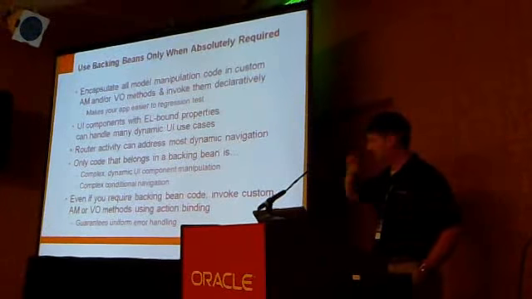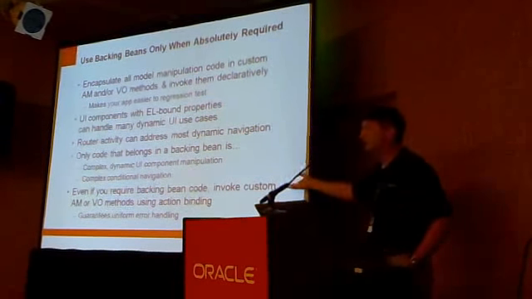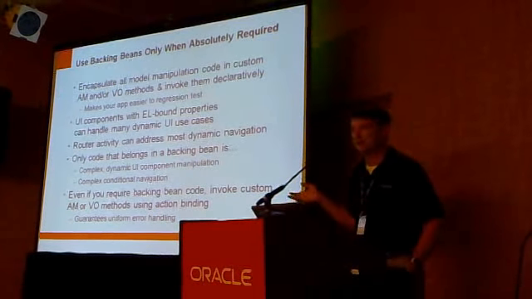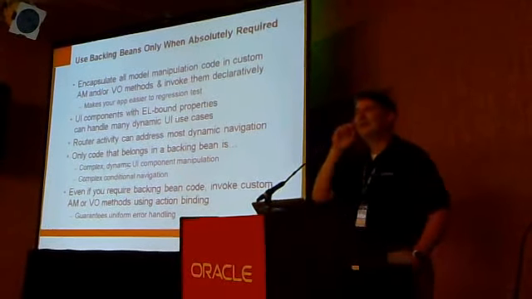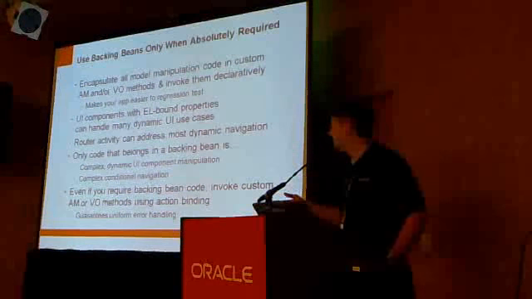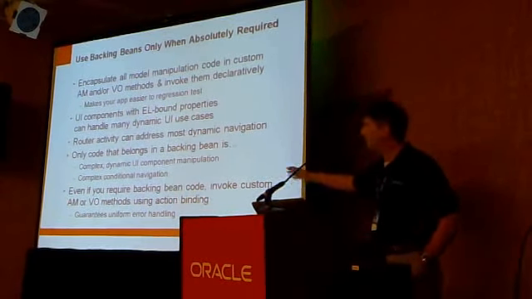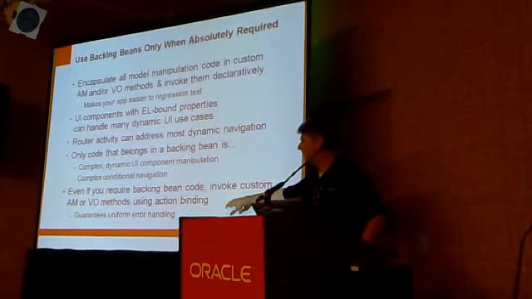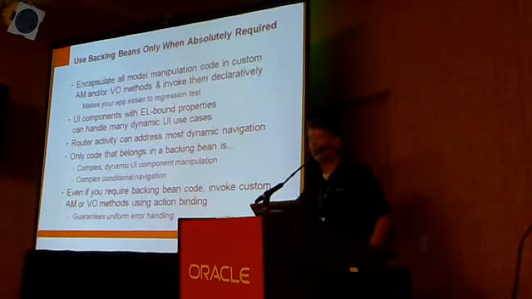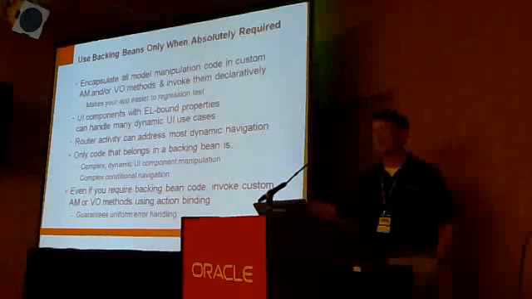If you have to put backing bean code in to do one of these two things, make sure that you still invoke the exposed client methods from the app module or a view object using action bindings. The first few times you do it, it seems like a little bit of extra trouble, but what you'll find is that by going always through an action binding, even if it's by programmatically causing the action binding to fire, all of the error handling will just work correctly.